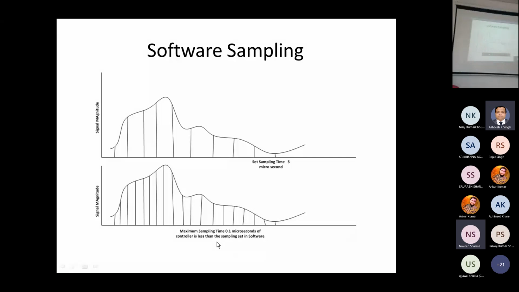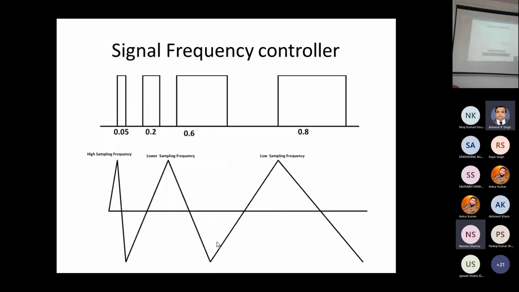The higher the sampling rate, the more information of the signal we will have. So there is a limit: we can use the maximum sampling time which is allowable by the software platform, that is MATLAB or Xilinx.